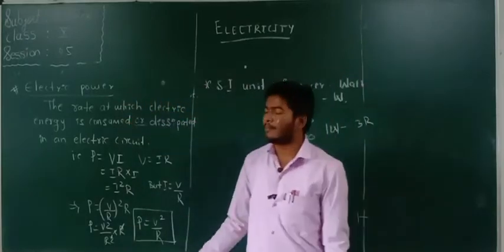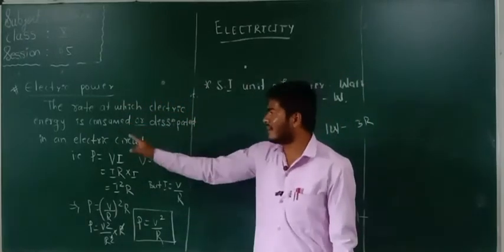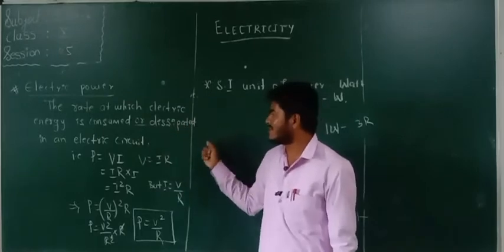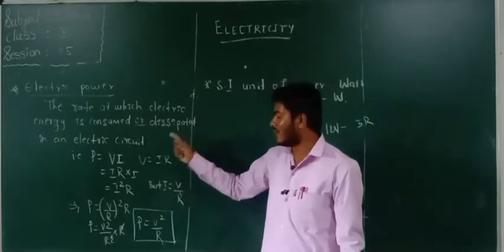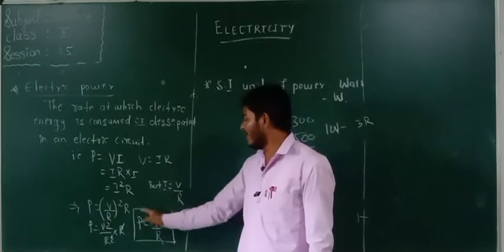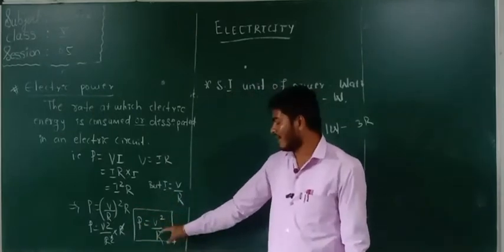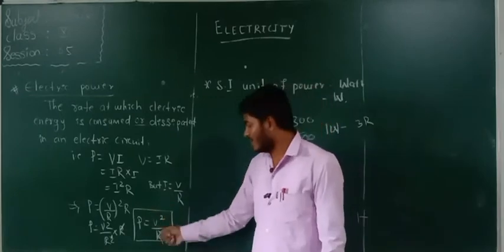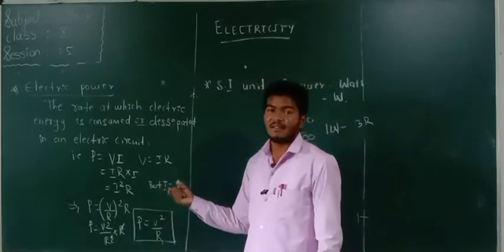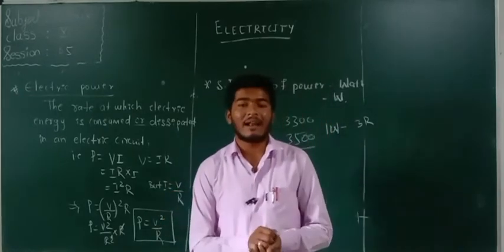What is electric power? The rate at which electric energy is consumed or dissipated in an electric circuit. That is calculated by using the expression P is equal to V squared divided by R. Here V represents the potential difference and R represents the resistance. This is all about your electricity chapter.